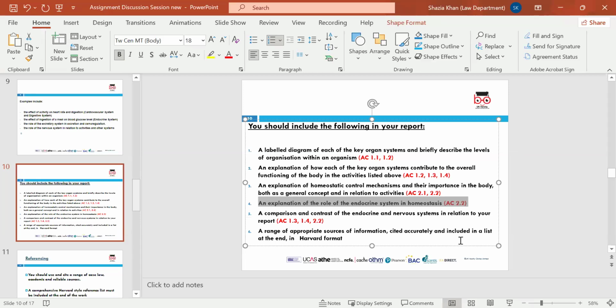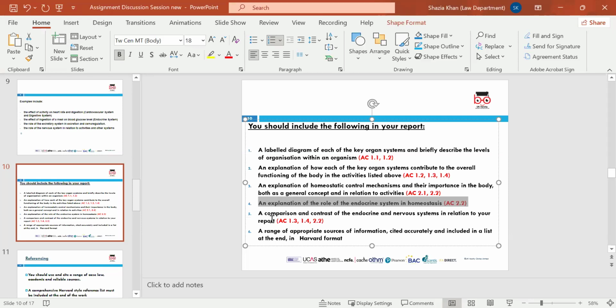And that's learning outcome 2, and it's 2.2 that you're looking at, which actually looks at how the endocrine system works with homeostasis. So it's how the glands and the hormones work together to maintain a physiological process within the body with homeostasis, okay? So that's learning outcome 2.